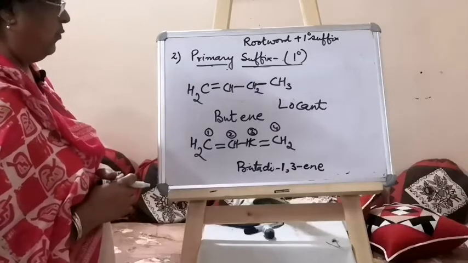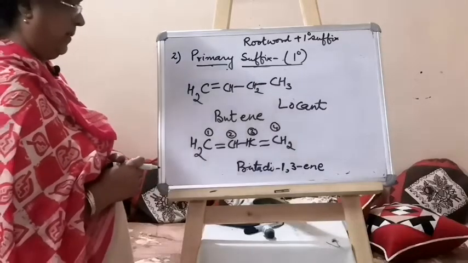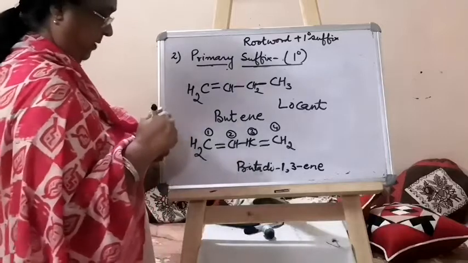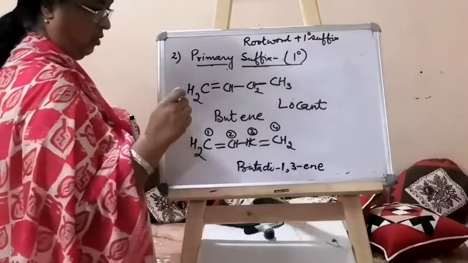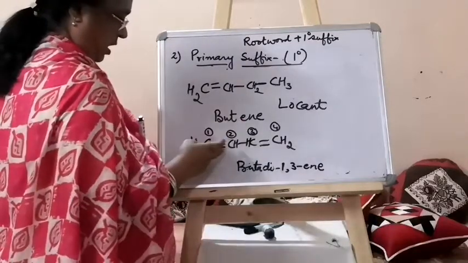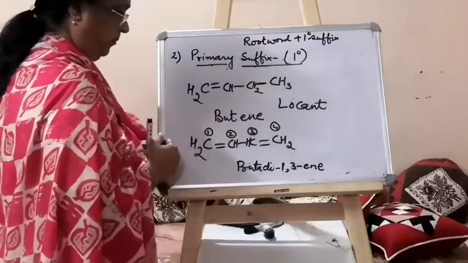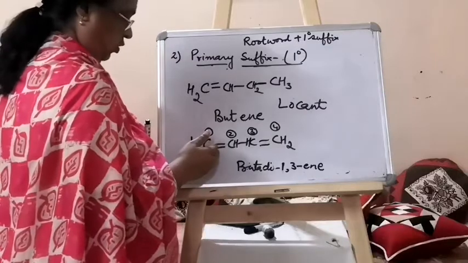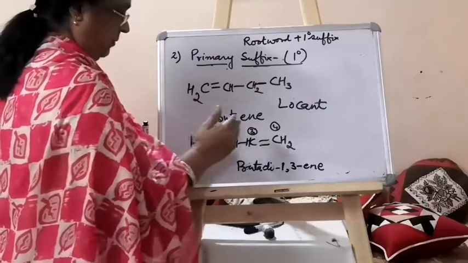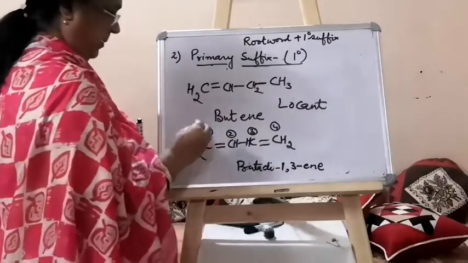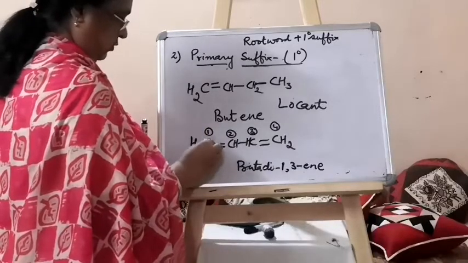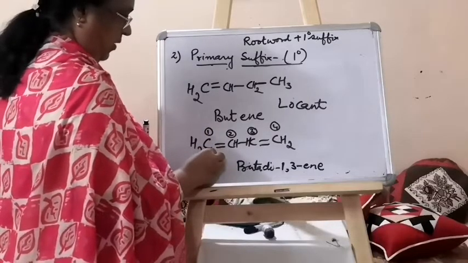I tell you again what the rule is. I am explaining about when you have more than once a double bond or a triple bond, a multiple bond, then you will have to number the carbon atoms. You will number the carbon atoms and then you will see their position where it is.